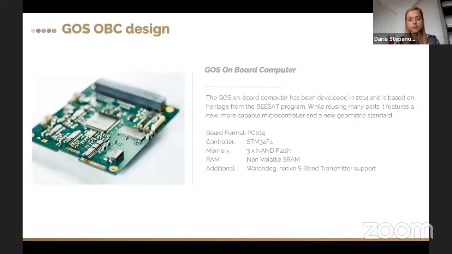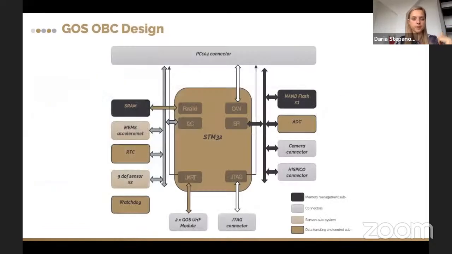There have been several redesigns already to boost the computational capabilities and memory characteristics of the OBC. This onboard computer can be used only for 1, 2, 3 unit CubeSats, while the versions we have right now can already be used for bigger missions of 6 and 12 unit satellites.